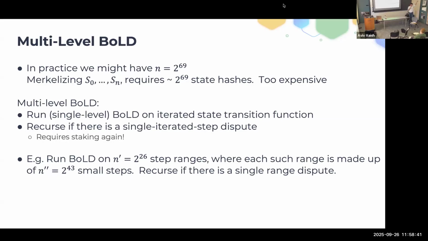But of course, to create the root, we need to do a Merkle tree of all the states in between, which is completely infeasible. So what to do? Instead of running BoLD on the state sequence S1 to Sn that we get from invoking the state transition function once, we run BoLD on what we get from the iterated state transition function, which is basically the state transition function composed with itself.